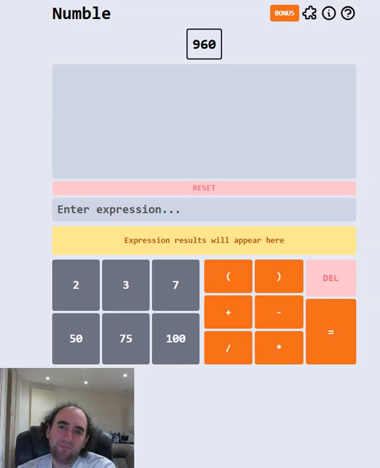I don't know. The thing is, even if I could get to 950 easily, unless I've got the 7 and the 3 left over, it's still going to be tricky to get the remaining 10. So I don't think that's a sensible approach either. I think we just need a completely different tactic.